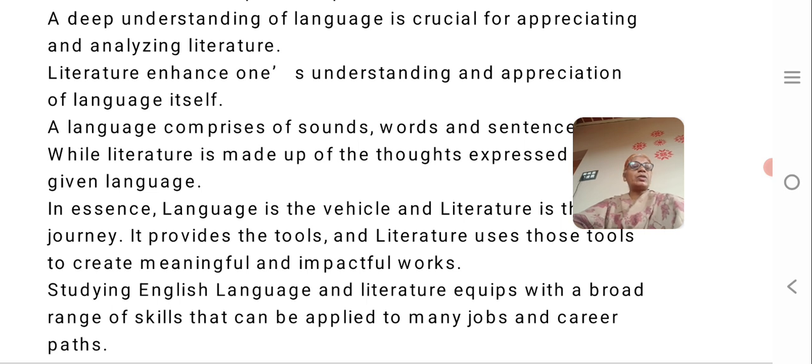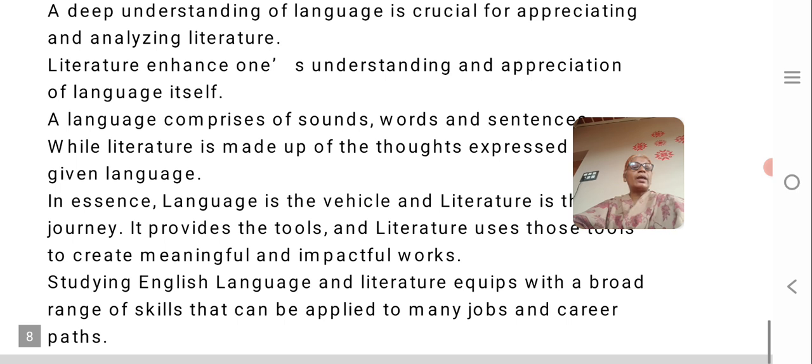Studying English language and literature equips students with a broad range of skills that can be applied to many jobs and career paths. So, you have understood the definition of language and literature, the characteristics of language and literature, how language helps to develop literature, and the significance of studying literature in our lives.